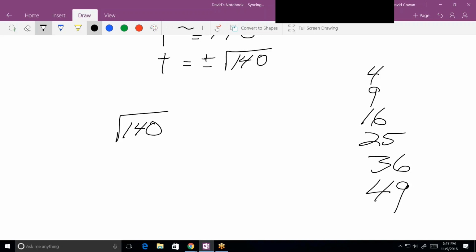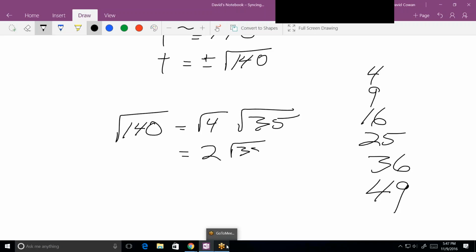Okay, let's start there. So it's the square root of 4 times what? When you divide that by 4, you get 35. Which becomes 2 square root 35.